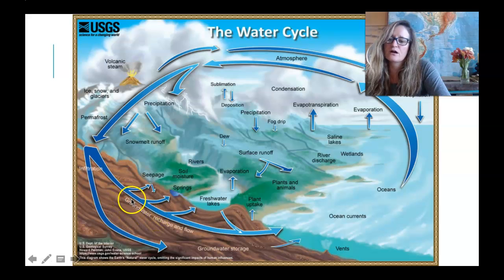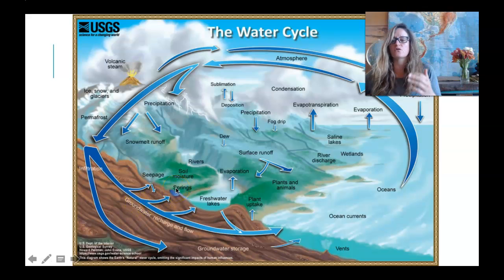And some of that groundwater can recharge the surface water. Some of it can leak as seepage and actually flow as in a spring, or it can recharge lakes. Groundwater can also add to the flow of rivers.